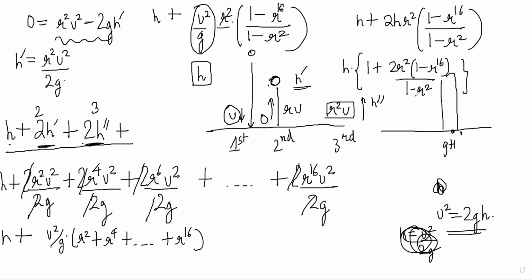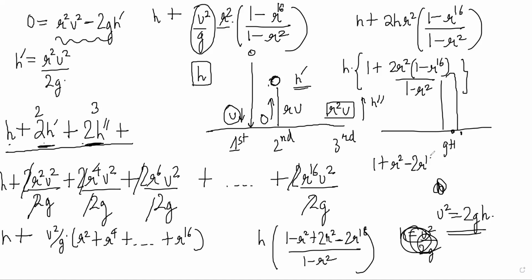So this becomes 1 minus r square plus 2r square minus 2r power 18 by 1 minus r square. So this is becoming 1 plus r square minus 2r power 18 by 1 minus r square, h into.